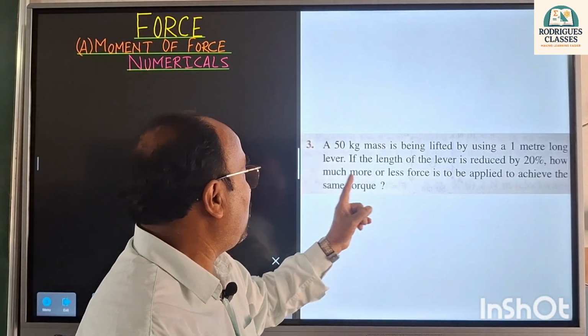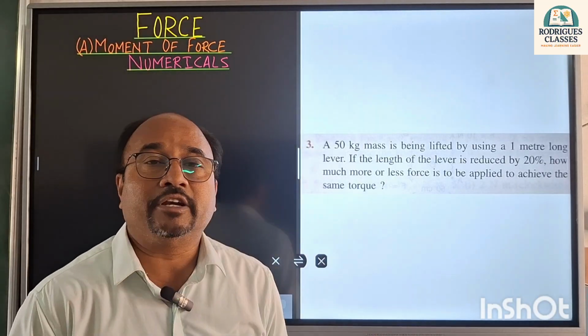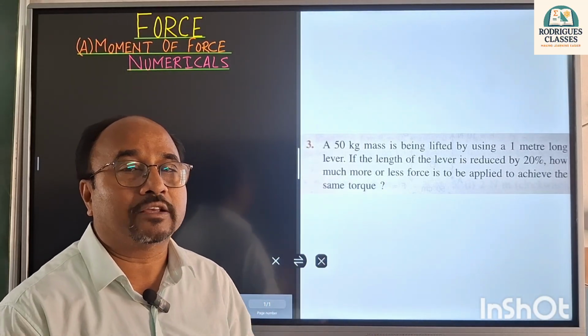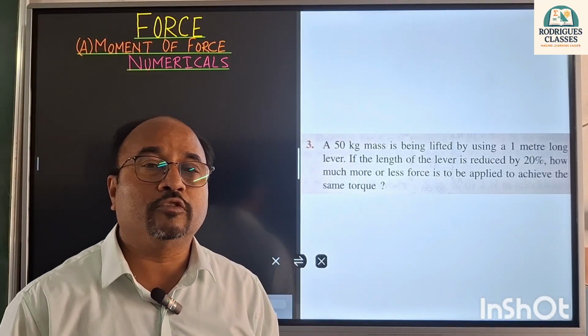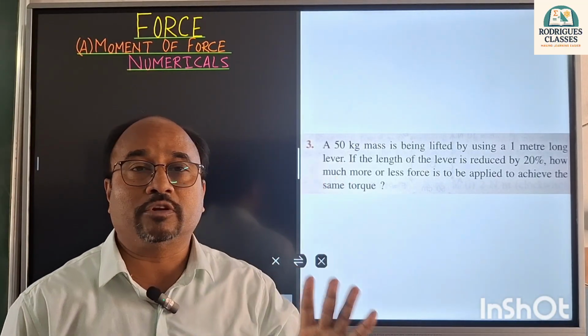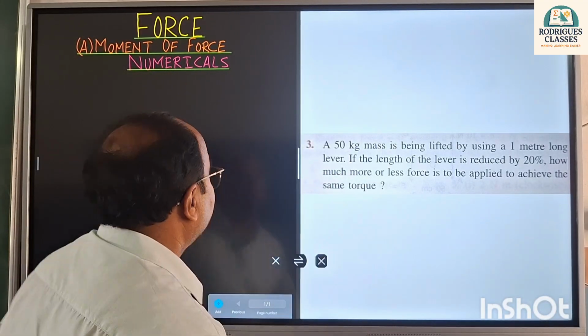It is asked how much more or less the force is to be applied. Because the length is reduced, you will quickly tell, okay, more force has to be applied. But we have to find how much more force is required, and the torque has to remain the same. So first of all, we will find what the torque is here.